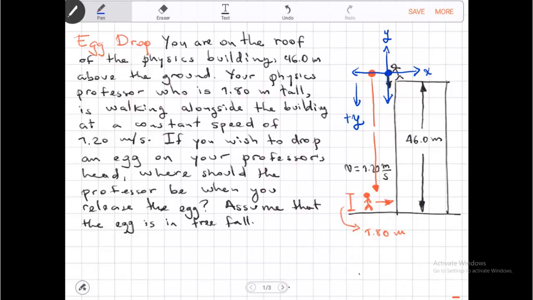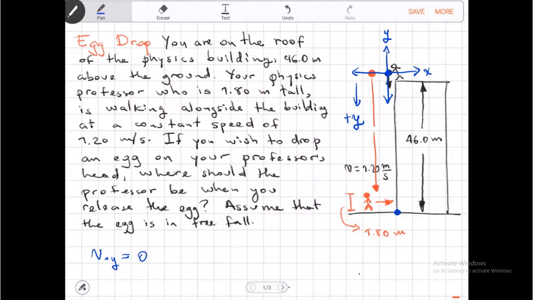Otherwise, if we take the origin on the bottom of the building, we have to take this axis downwards as negative. But because we are taking the origin just on top, we take it as positive. Because you are dropping the egg from rest, the egg has no initial velocity, so we take the initial velocity as 0.